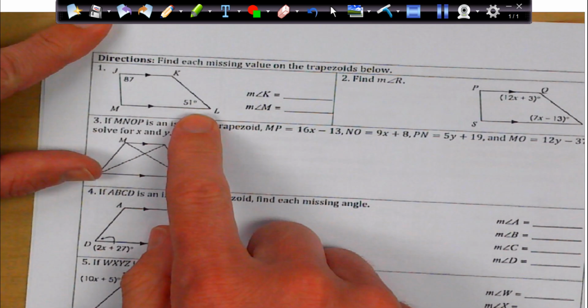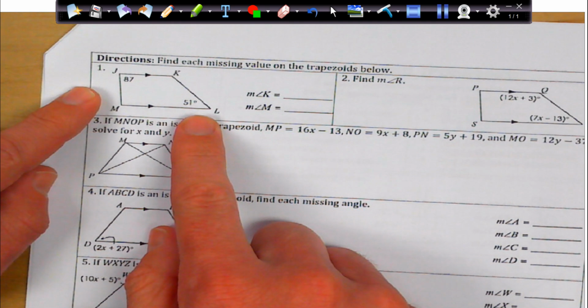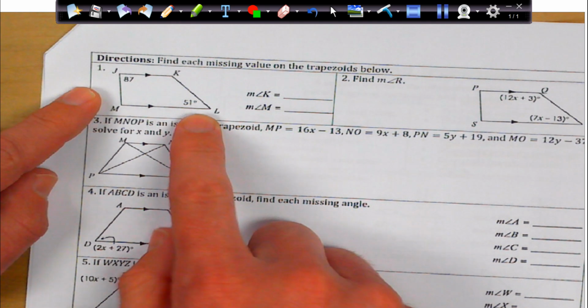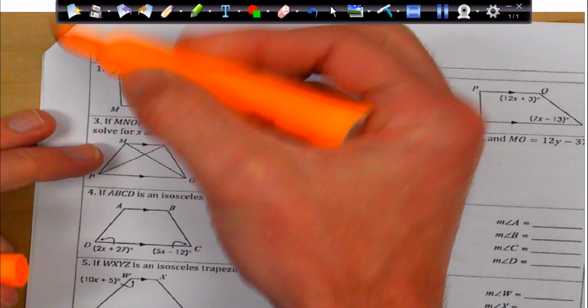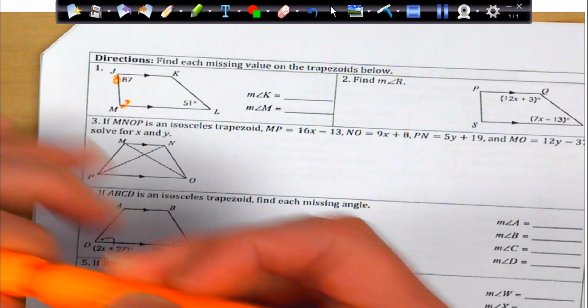First and foremost, this is not an isosceles. This is a basic one. But we can find our other angles because we know these two are going to add up to 180, and we know these two are going to add up to 180.